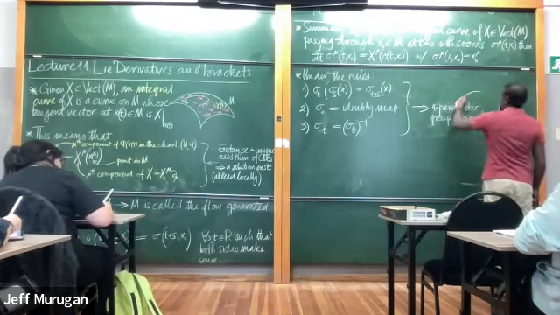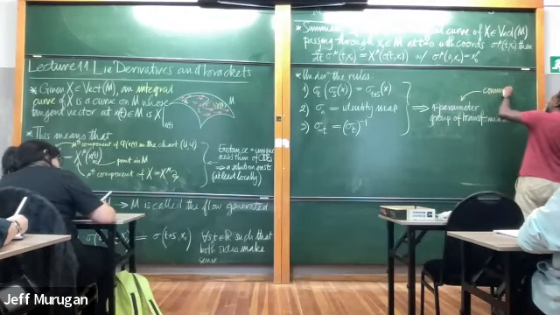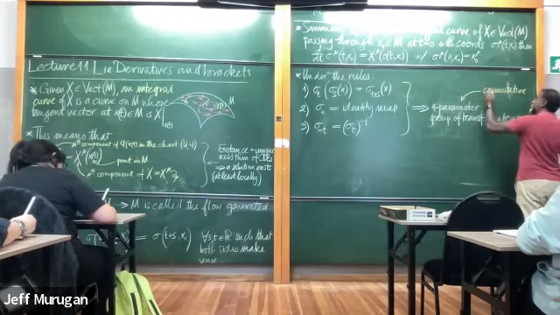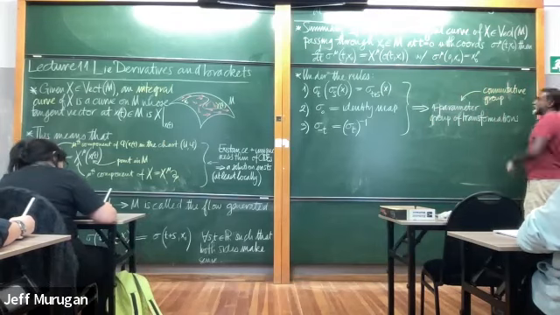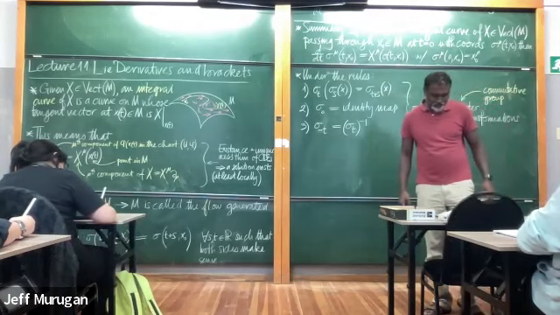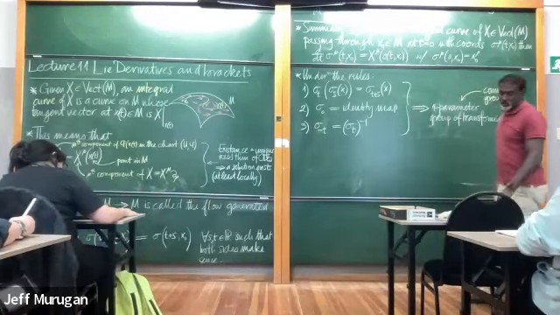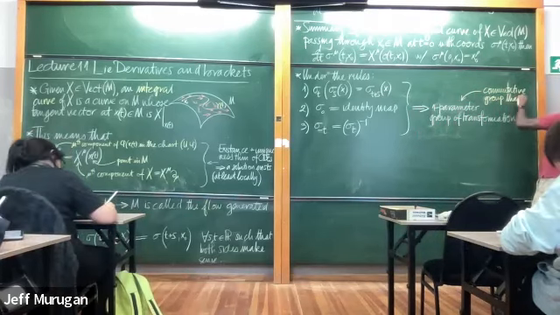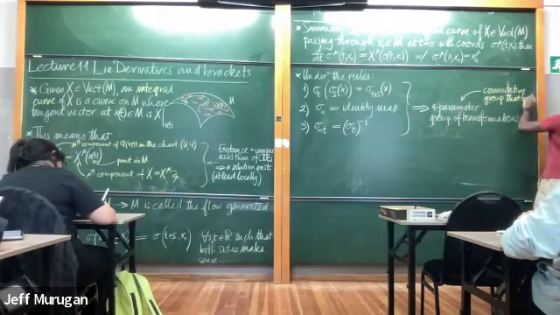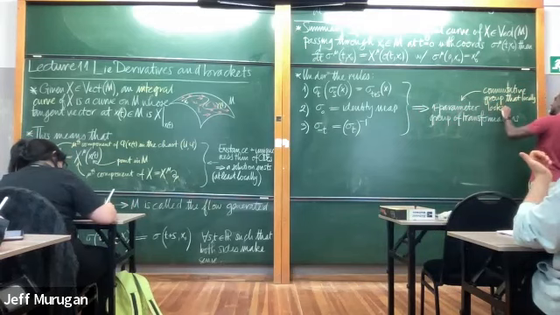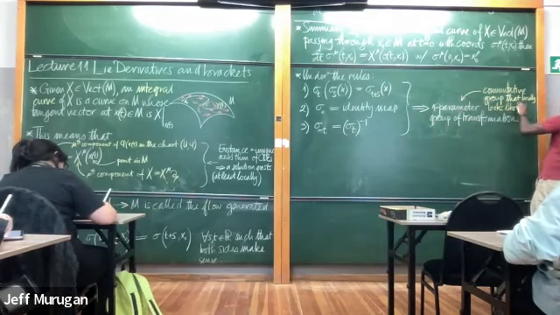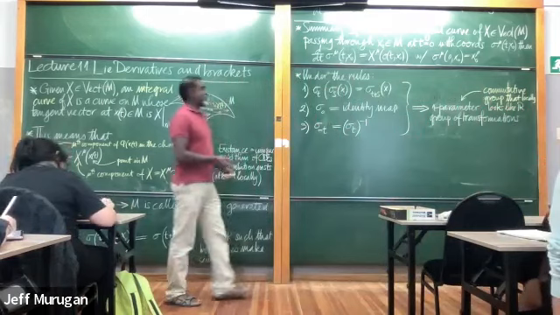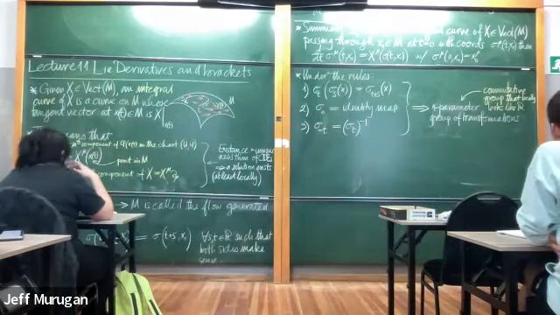This is a commutative group that locally looks like R.